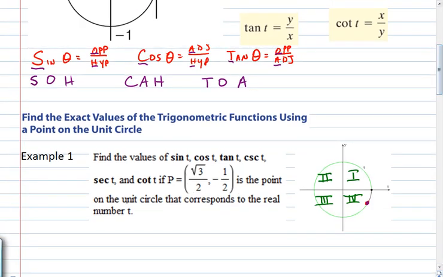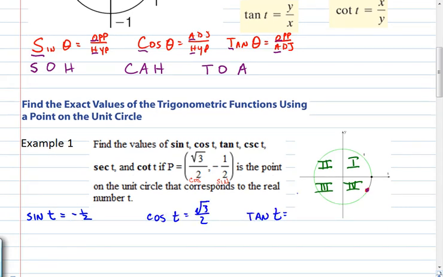Looking at these points, remember the x value corresponds to what trig function? Cosine. The y value corresponds to sine. If we're asked to find what sine of t is, sine t is going to be equal to negative 1/2. It's just the y value of this point. Cosine of t is the square root of 3 over 2.